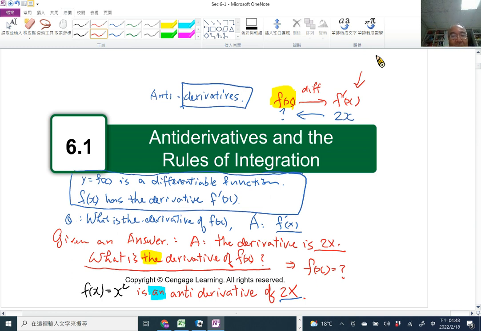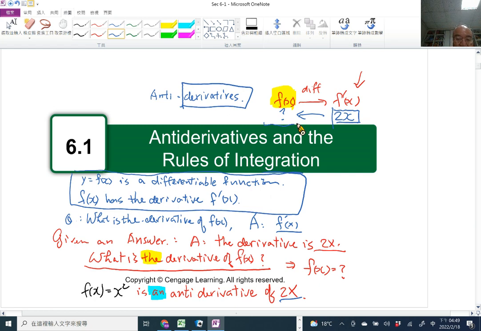Okay. And now in the integration topics, we do the opposite direction. Instead of finding the derivative, we give the answer of the derivative and ask which function we began with.